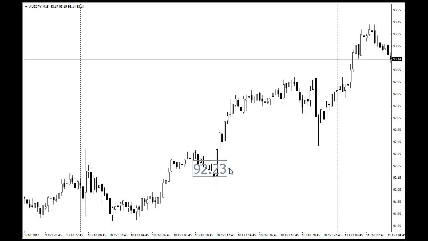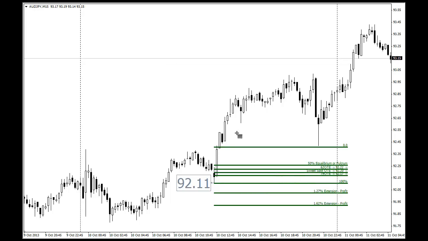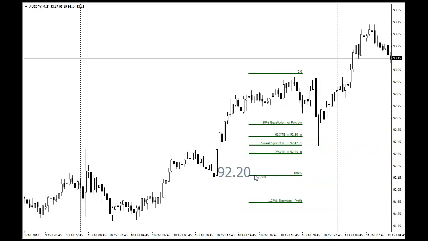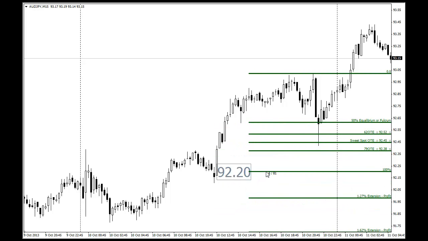two opportunities in here. We have this level right here, 92.11. Price is rallying up. It starts to retrace. Okay, you're still overall bullish. So what are you going to be looking for? Retracing back down to the 62 to 79% retracement level. You get that right here. Okay, and if you use our unfulfilled range concepts here, we expect price not to come back down to that institutional level.